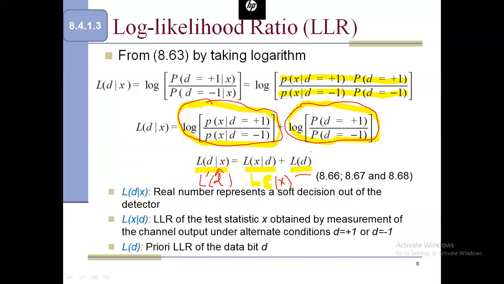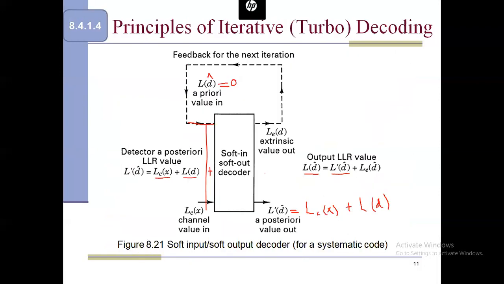These are separated in two parts, and that knowledge L hat D hat is derived from these two stats. The posteriori probability comes out from LC of x and LD from here.